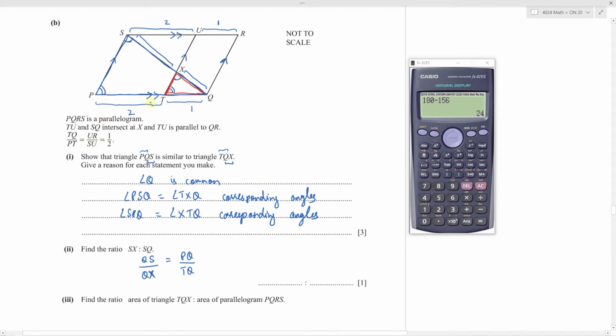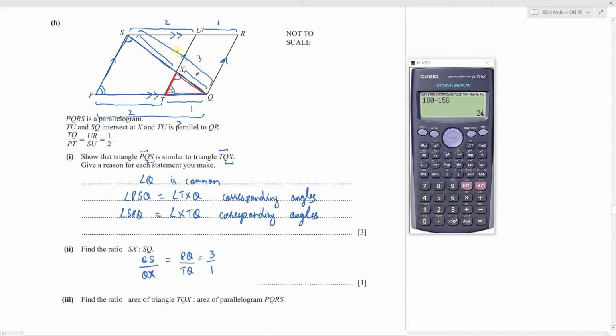So what is the ratio PQ over TQ? From this we have marked these. So PQ is how much? If this is one part, this is two parts. The full length here is 3 parts. PQ is 3 and TQ is 1. So this will be 3 over 1. So the ratio QS over QX: QS is 3 and QX is 1.